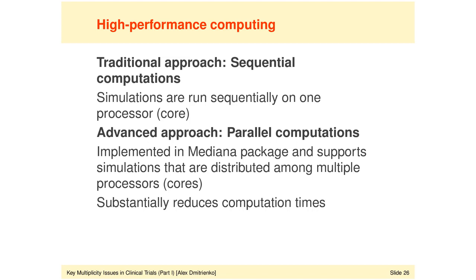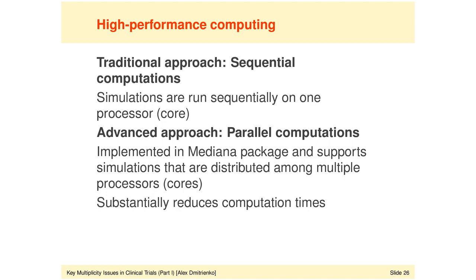With any simulation-based approach, we need to think carefully about employing efficient algorithms to avoid situations where it may take hours and hours, if not days, to run simulations. And we have spent a good amount of time thinking about issues that are related to high-performance computing.